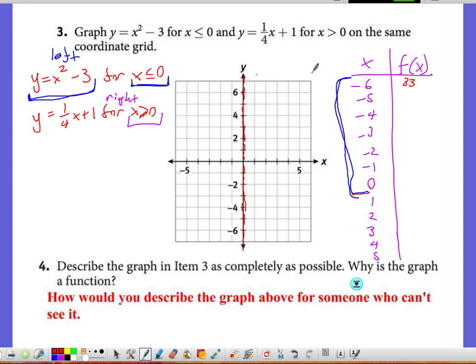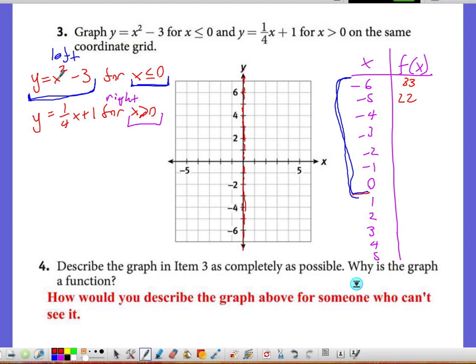We can't graph it. If we plug in negative 5 in our first function, negative 5 squared is 25, minus 3 is 22. Again, we cannot graph that. So let's continue going until we can find something we can graph.